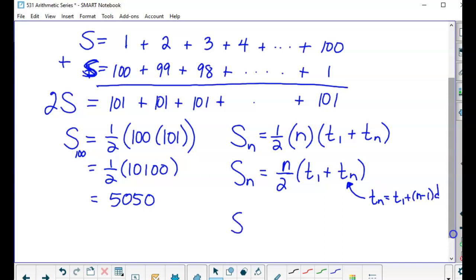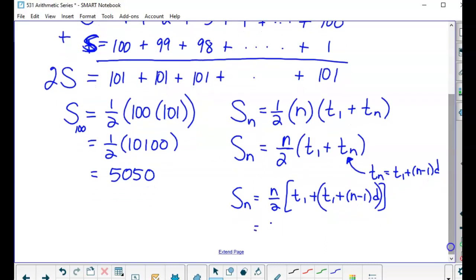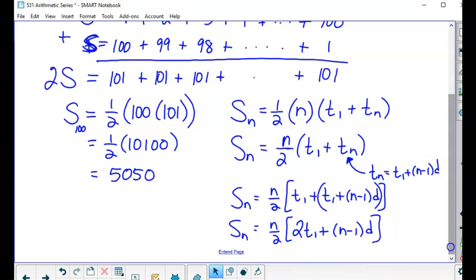So if we substitute that in, we get T1 plus T1 plus n minus 1 times d, right? There's your Tn. And if we collect like terms on that, we get 2t1 plus n minus 1 times d. So that is the other version.